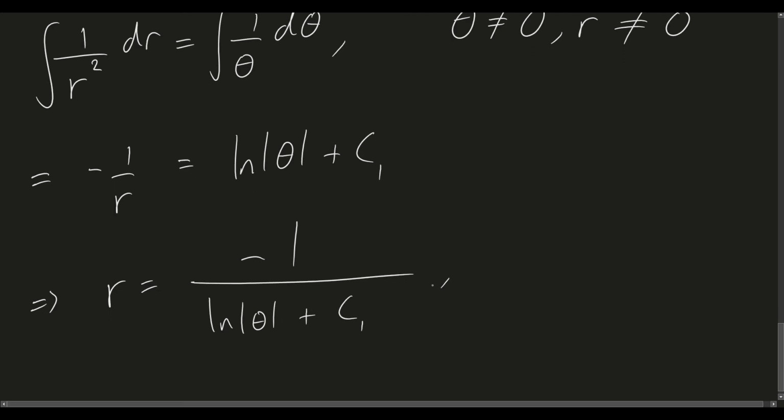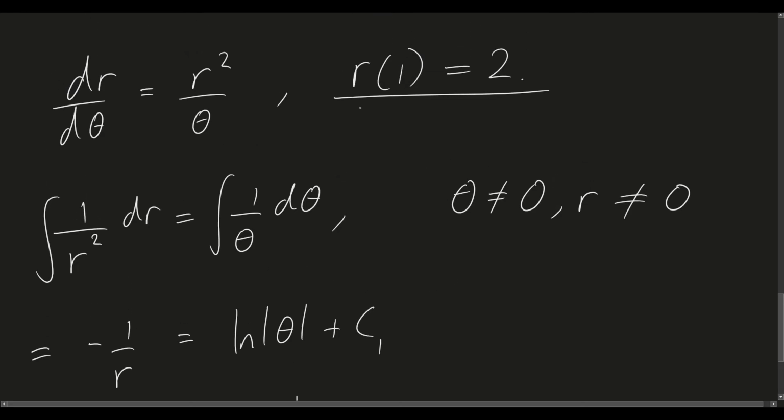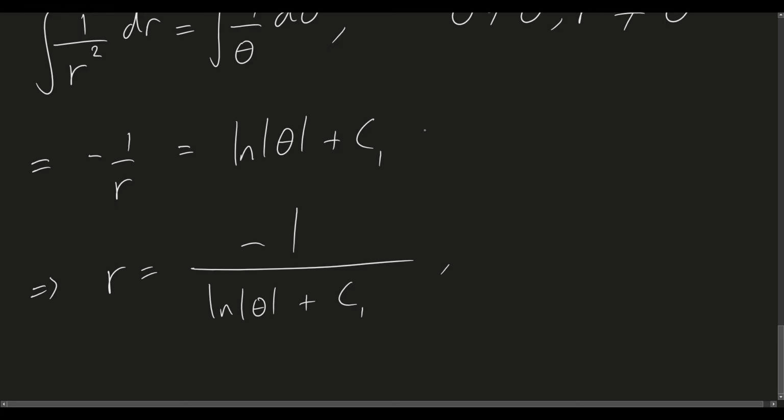Okay, so at the start of the equation, we had an initial condition that r of 1 is equal to 2. So I'm going to go through, and anytime I see theta, I'm going to fill it out as a 1, and anytime I see r, I'll rewrite it with a 2.